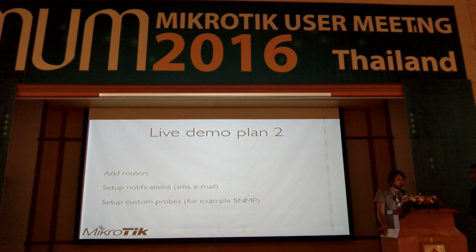Then you just add routers. You may add them manually, or you may run discovery. Discovery is a feature of the Dude. When you first install it, you will see the discovery window.